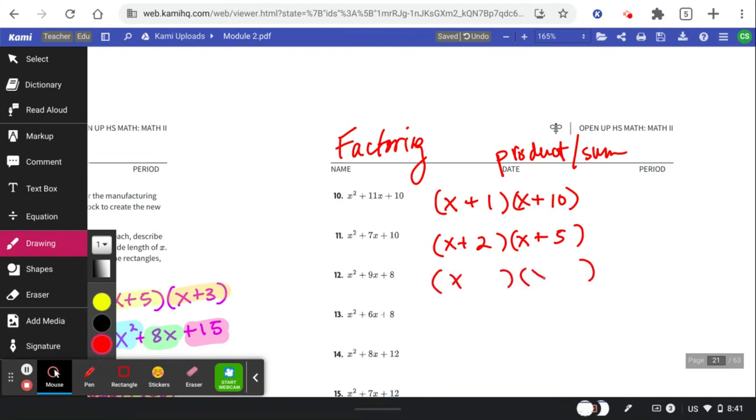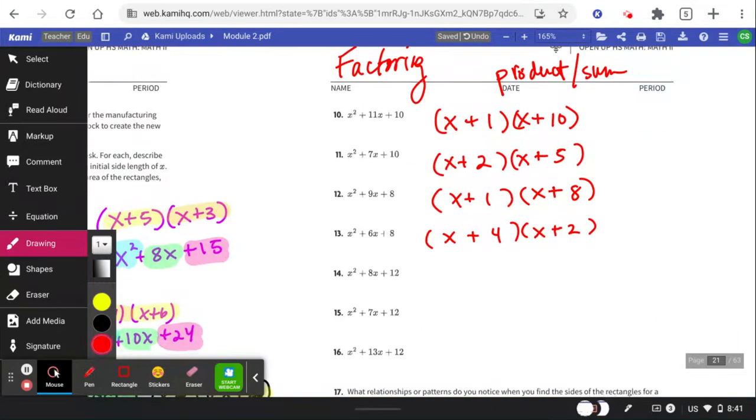What times what makes 8 and adds up to 9? 8 times 1 is 8 and adds up to the middle term of 9. What times what is 8 and adds up to 6? 4 and 2. 4 times 2 makes 8. 4 plus 2 makes 6. What times what equals 12 and adds up to 8?